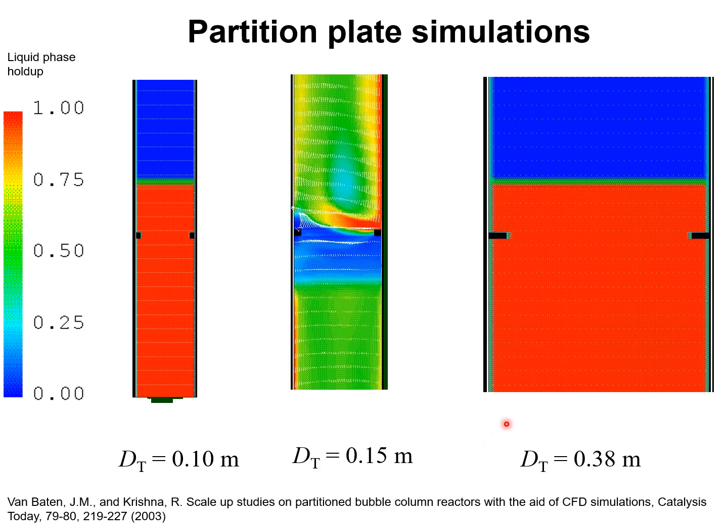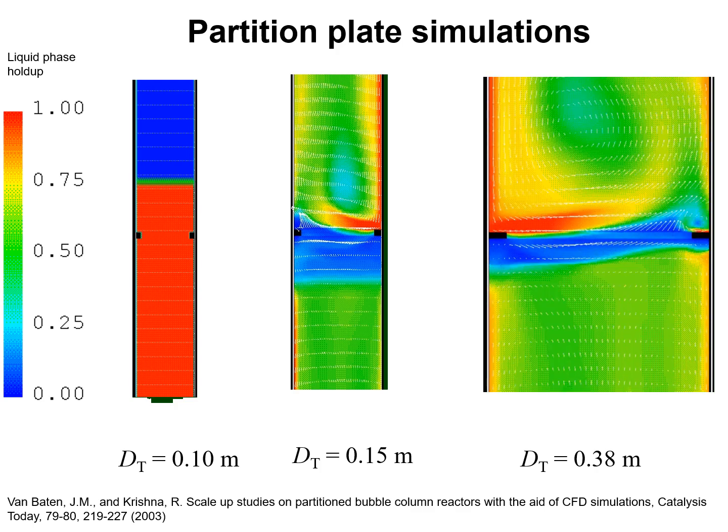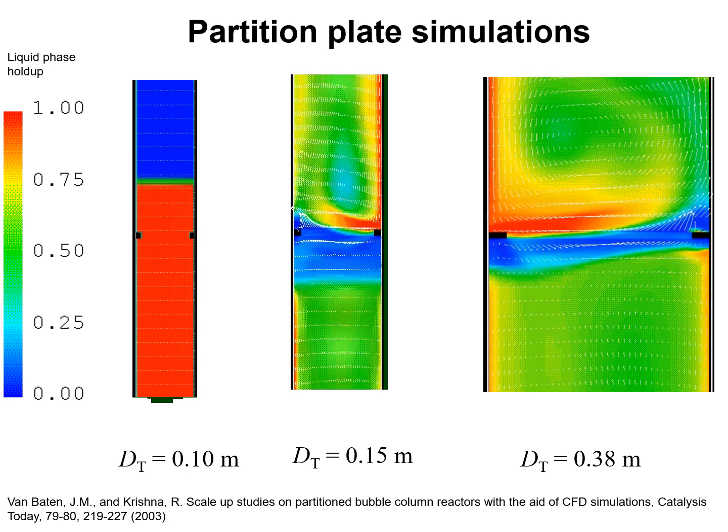Let's have a look at the animation for the 38 centimeter column shown here. As is obvious from the blue region here, we have a gas cap that is shorter in height than for the 15 centimeter column, and we see there is a considerable degree of sloshing.